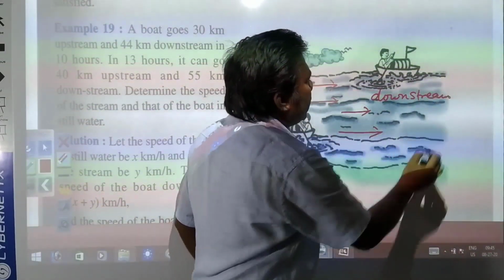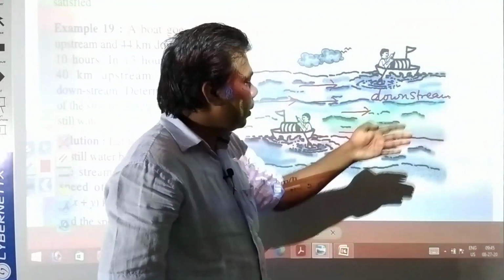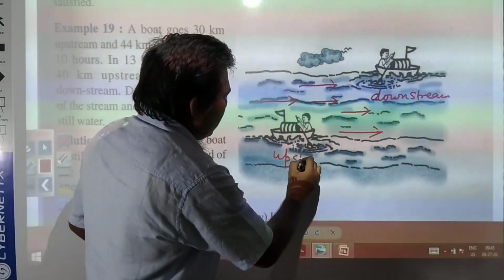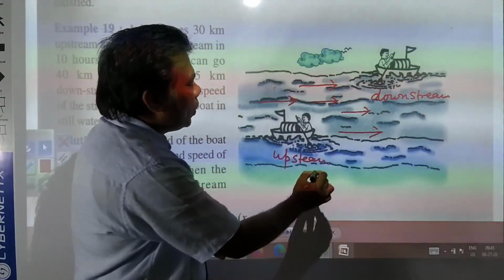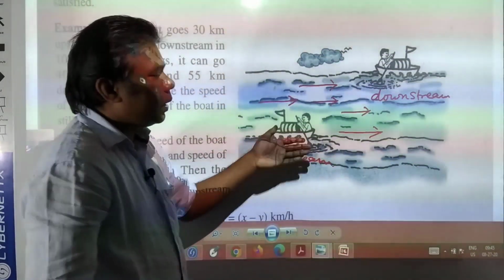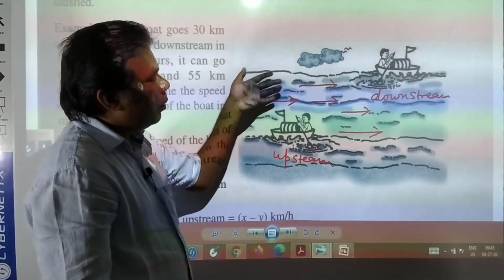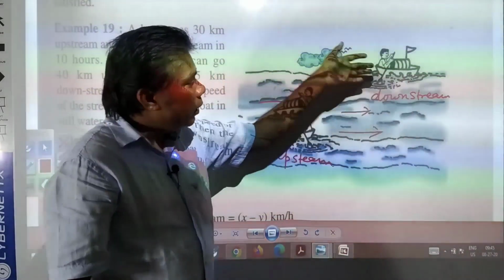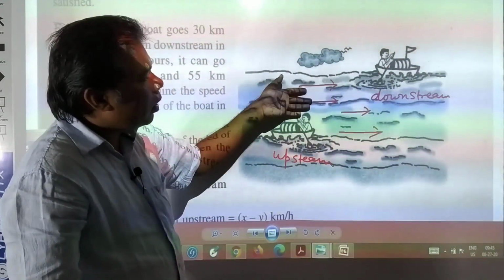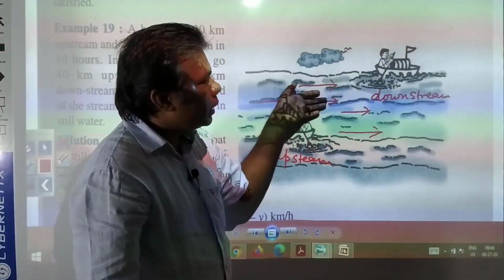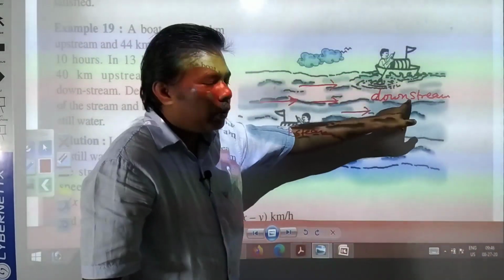This boat is going downstream and this is upstream, just opposite to the direction of the stream. If the flow of water is in this direction, then if the boat is running with the direction of the flow of water, that will be called downstream.